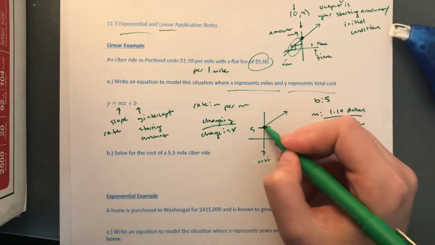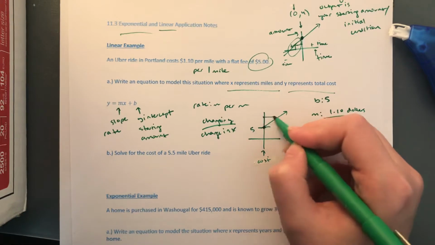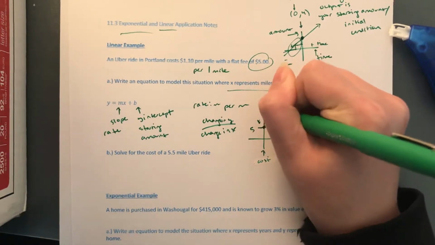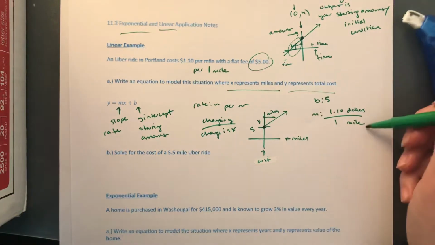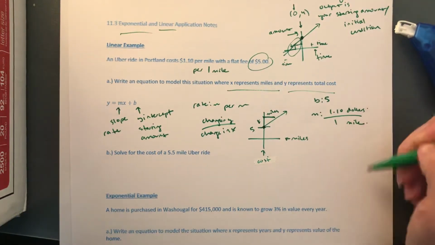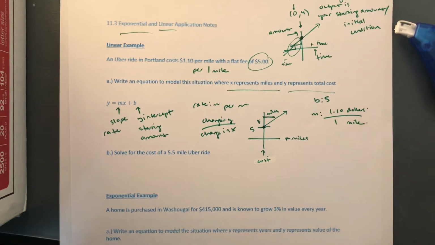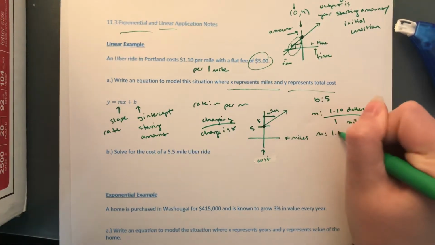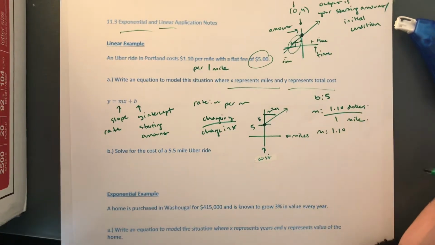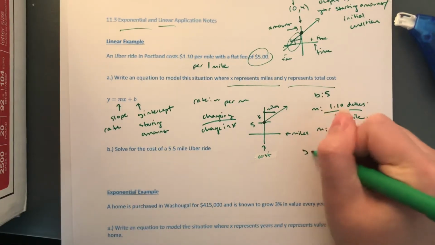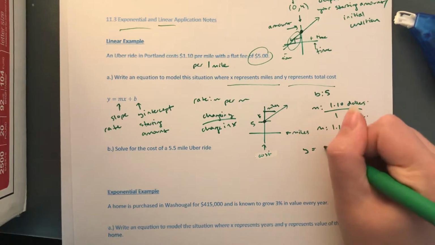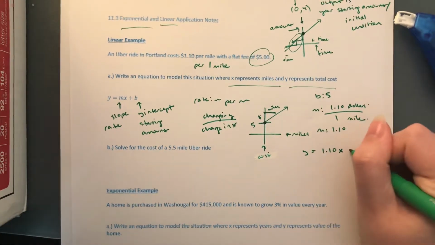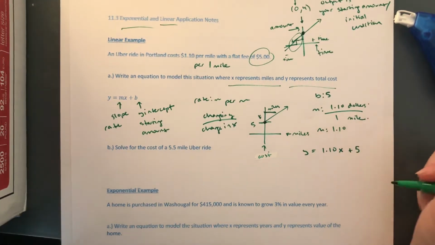The rise is the dollar amount, and the run is the number of miles. That's why it's change in y over change in x, so it's dollar amount over miles. For 1 unit, your slope is 1.10 over 1, so your m value is just 1.10. So your equation would be y equals 1.10x plus 5.